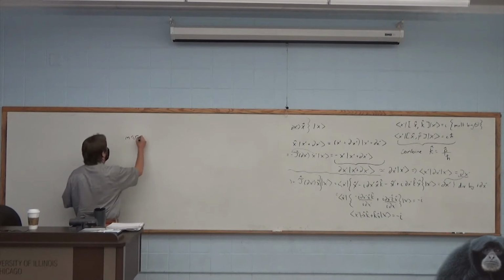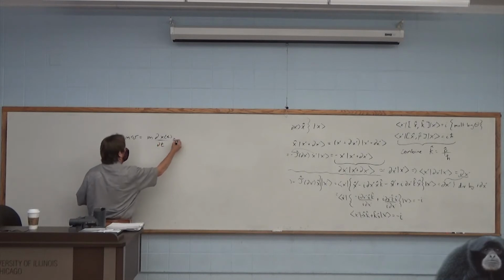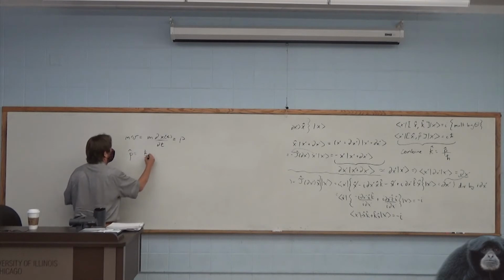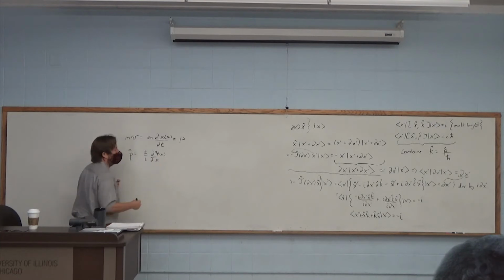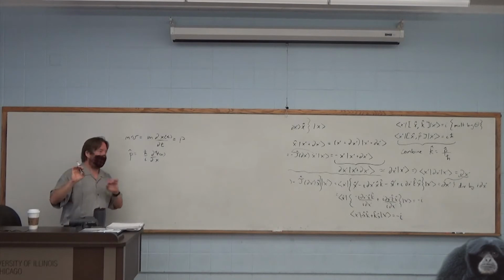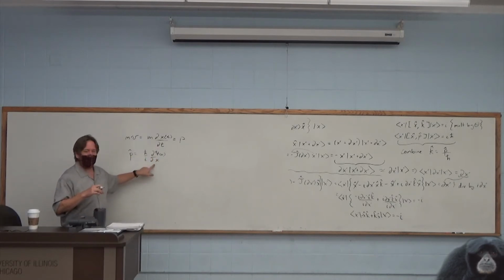Velocity is the change in a position of an object with respect to time. So there's your momentum. But a momentum operator is the change in something that represents position with respect to position. Whoa, they kind of look the same. It's a derivative.